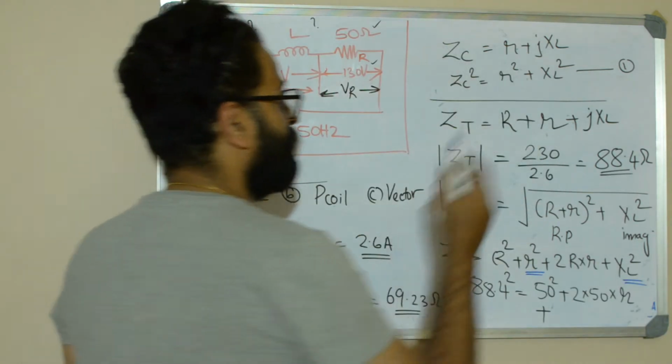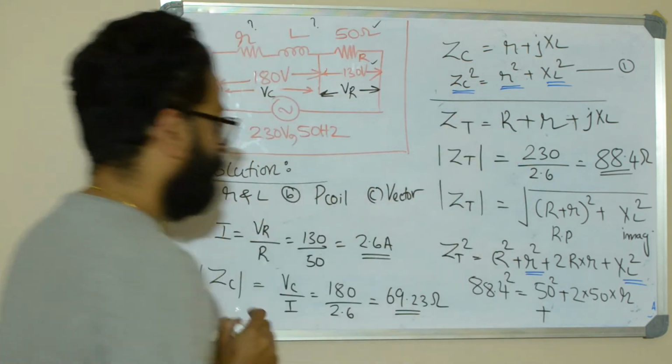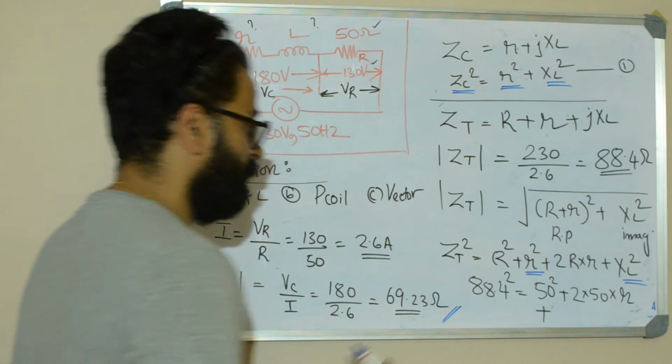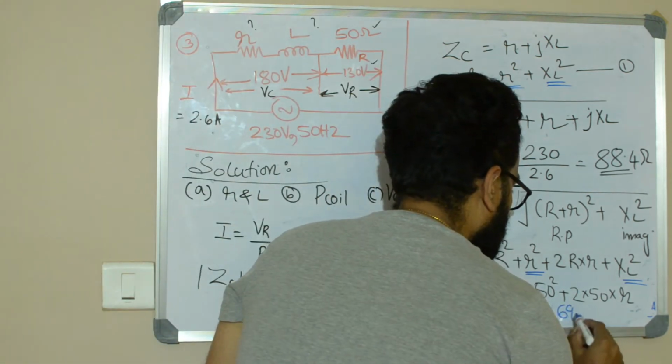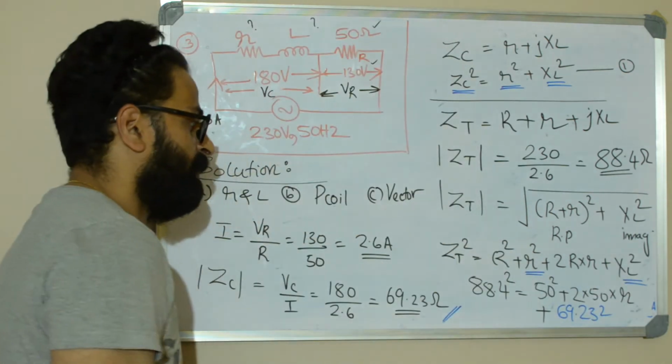So r square plus XL square, basically it is ZC square, and ZC square is nothing but 69.23 the whole square. So you can directly write 69.23 the whole square.